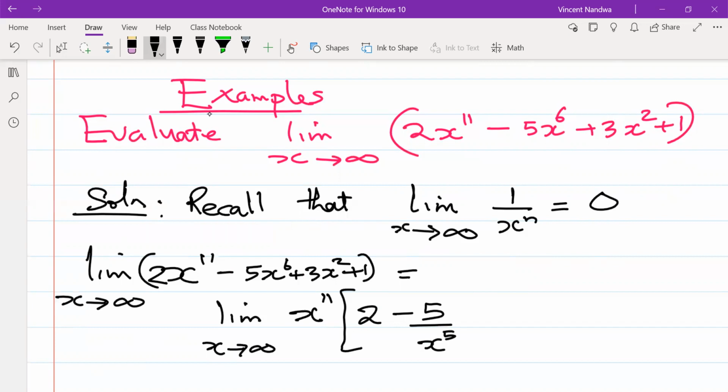That's why you always have to find a way of connecting these things we learn from one unit to another. Now, it will be 3 over x raised to power 9, so that at the end of the day we get power 2. And then plus 1 over x power 0.